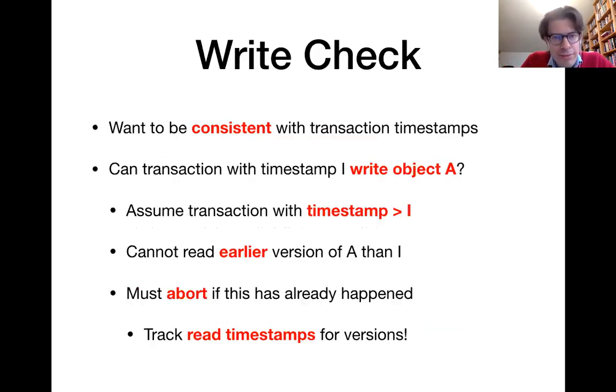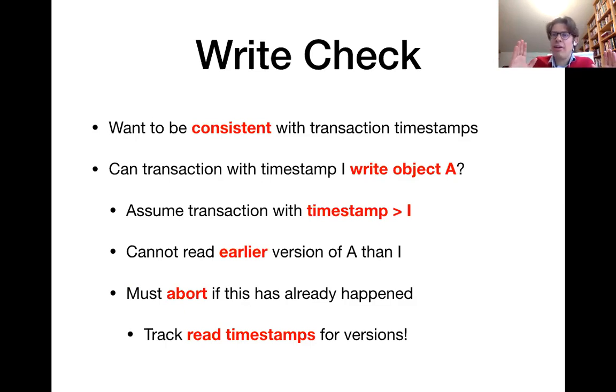All right. Now, I have mentioned a write check on the last slide. And this is a test that we do whenever a transaction tries to write an object. As always, we have to be consistent with the timestamp order of the transactions.